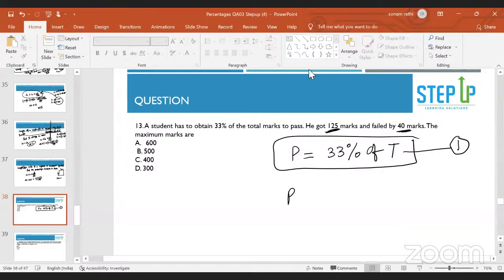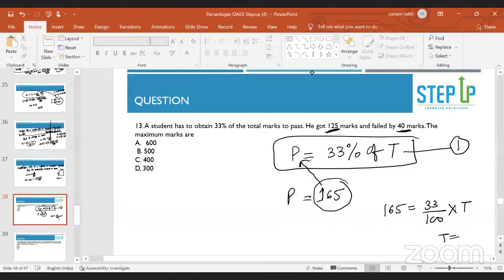It means what is the passing mark? 125 plus 40, 165, because if he gets 165 marks, he will pass. So I will put this value in this equation. So 165 is equal to 33 by 100 into T. T is equal to 165 into 100 by 33. Solve it.